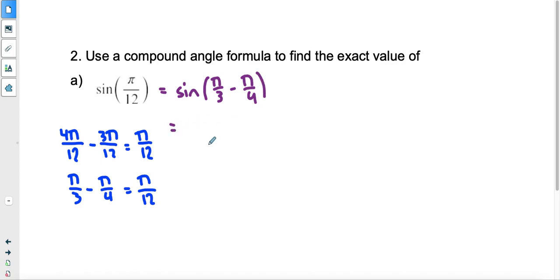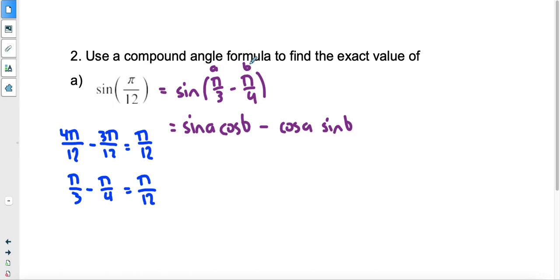And now we can use our compound angle formula for sine of A minus B, right? Because we're subtracting two angles here. And that formula tells us that this is equal to sine of A times cosine B minus cos A times sine B. Here our angle A is pi over 3 and our angle B is pi over 4.